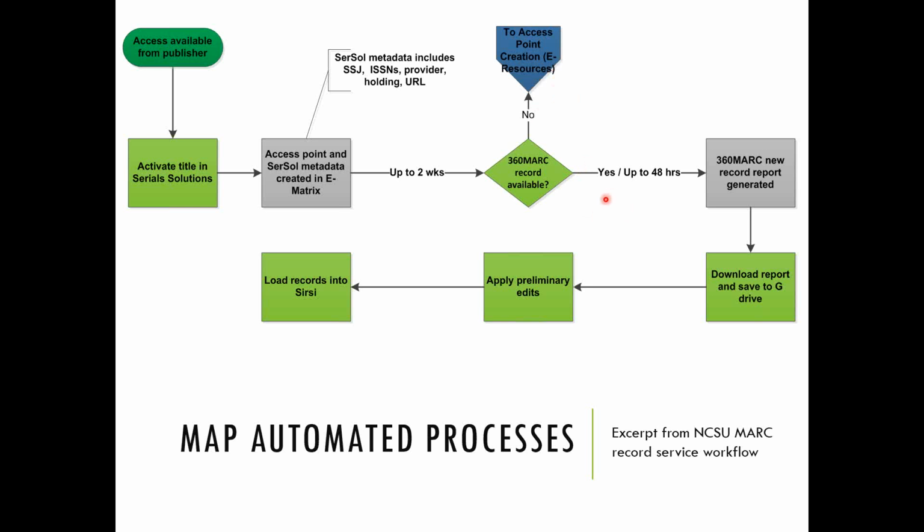Another thing that we've done with this workflow that is, I think, pretty nice is that we have put in some time. So I can see when I'm dealing with this MARC record workflow, after I've activated a title in my knowledge base, and then eMatrix is our local ERM, so some information gets pulled into there.